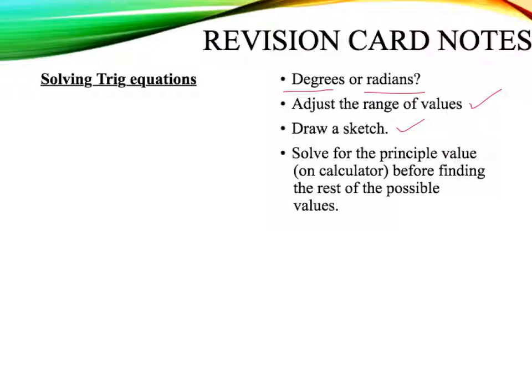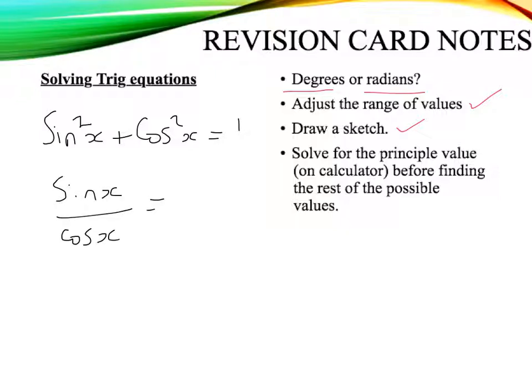Also taking into consideration that you might also have to do some trig identities. You've got two that you might need, so sine squared x plus cos squared x equals 1, and sine x over cos x equals tan x as being the two main ones.